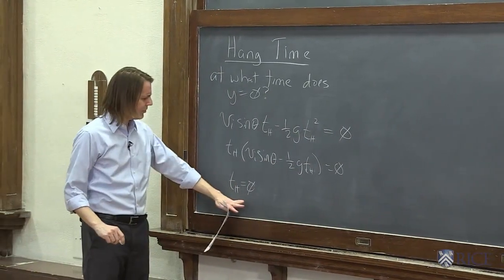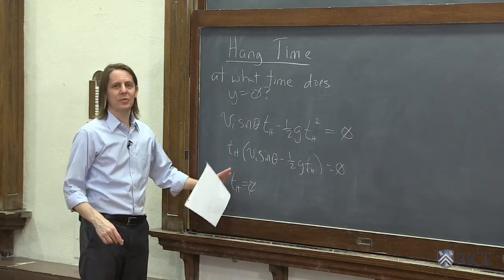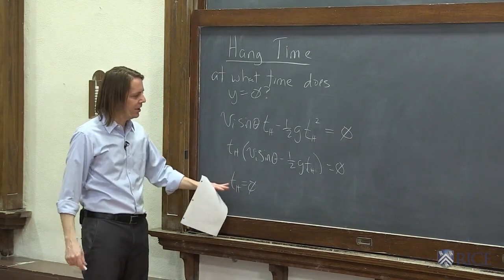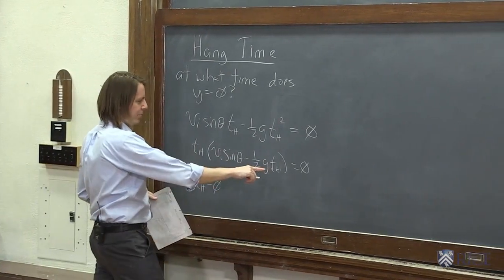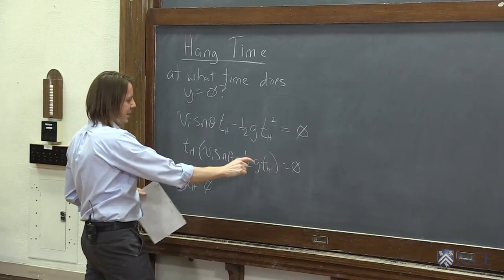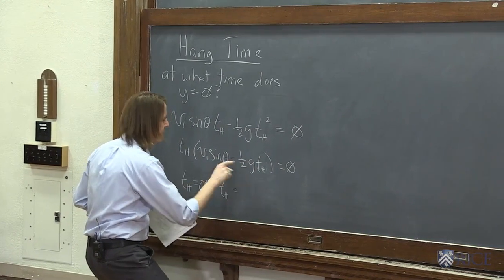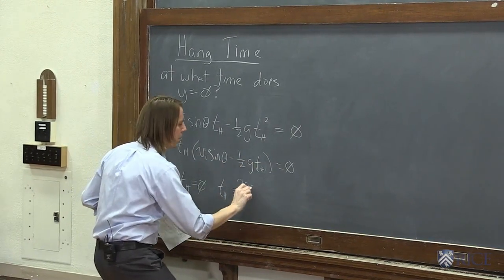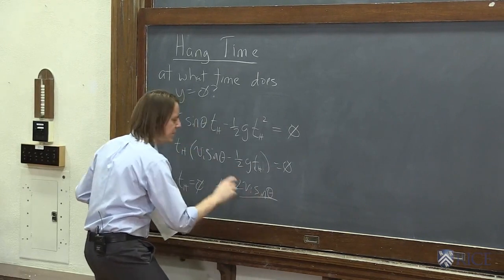Did it give us an incorrect solution? No. At time equals 0, the y position was 0. That's the beginning of the trajectory. This is the one we care about. When is this term 0? This term is 0 when we solve it for th. Bring the 2 over here. Looks like the hang time must be 2 v initial sine theta over g.